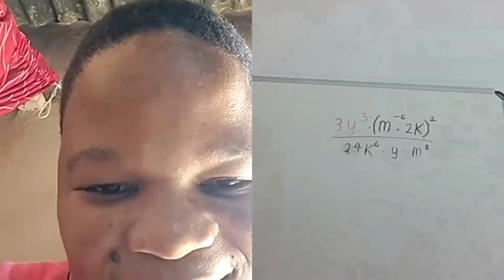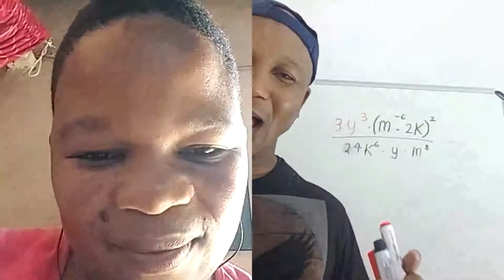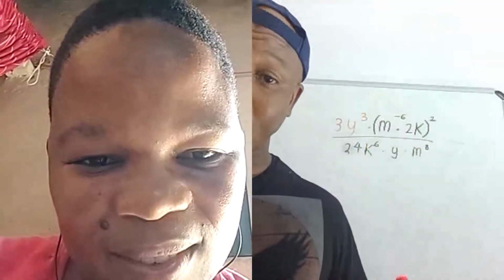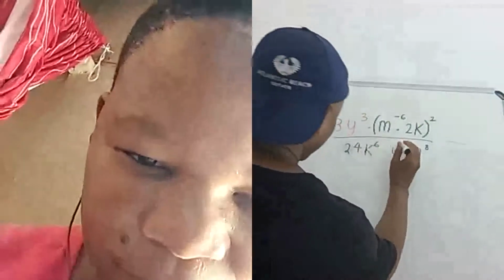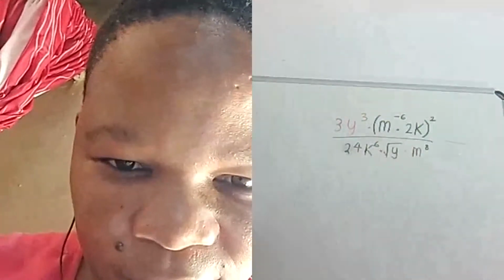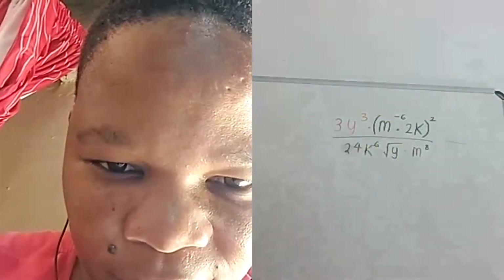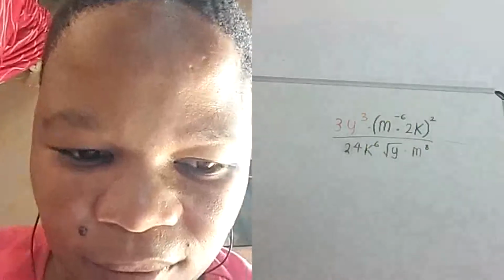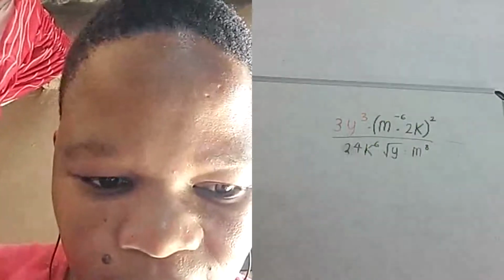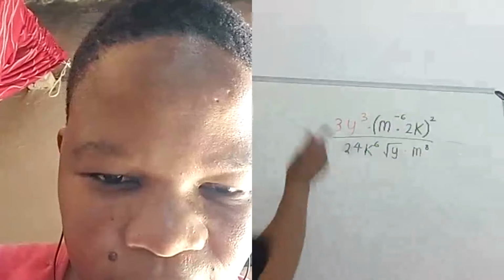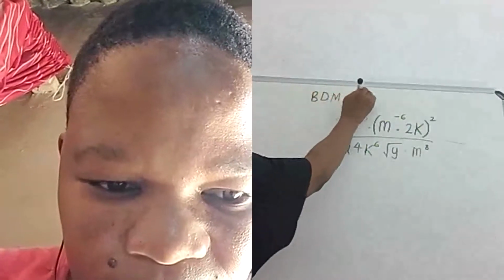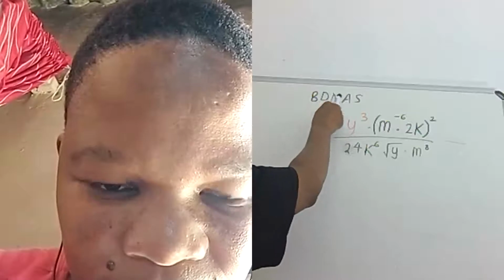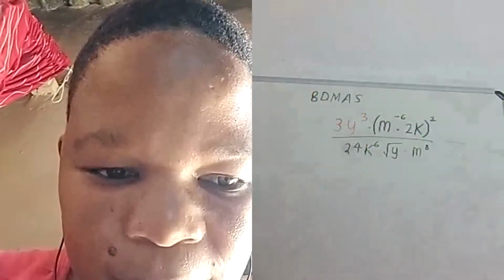But it's easy, because we follow our rules. What we're going to do is follow our rules. It's very simple. So what do the rules say? BODMAS. We start with the brackets, then division, multiplication, addition, and subtraction.